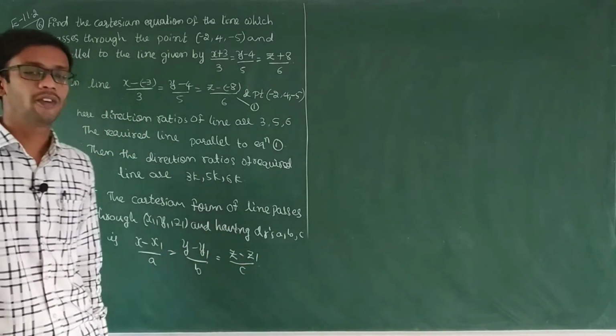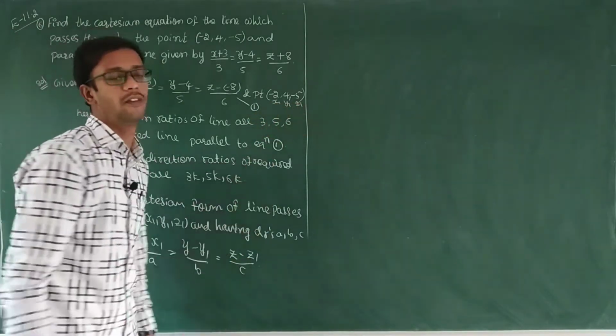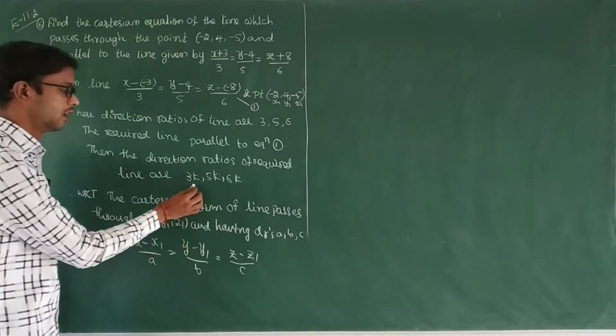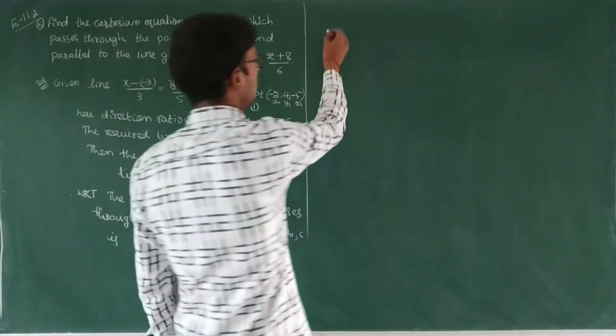Here, what are x1, y1, z1? The line passes through this point. So x1, y1, z1 and the ratios a, b, c, just substitute in this one.